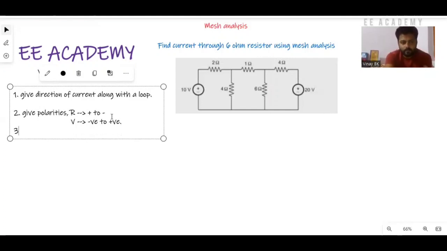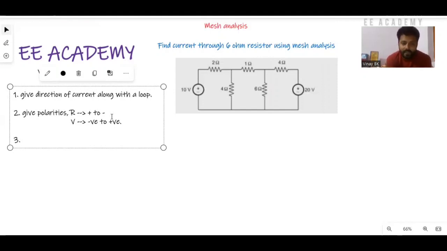So first give the direction of current along with the loop, and the second is to mark the polarities for resistors and voltages. You can give the polarities for the passive elements as well as the active elements.